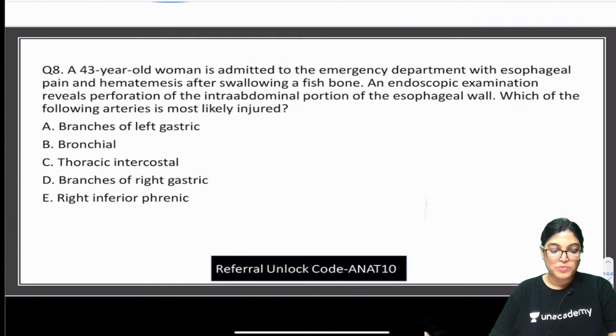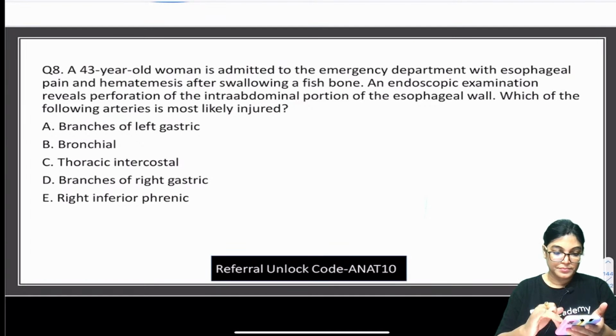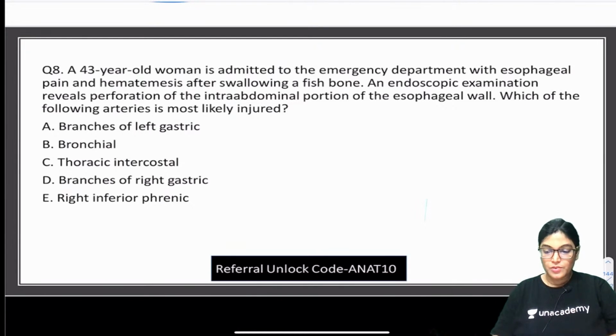You have got 5 options, so all of you please mark the correct answer. Five options are there.